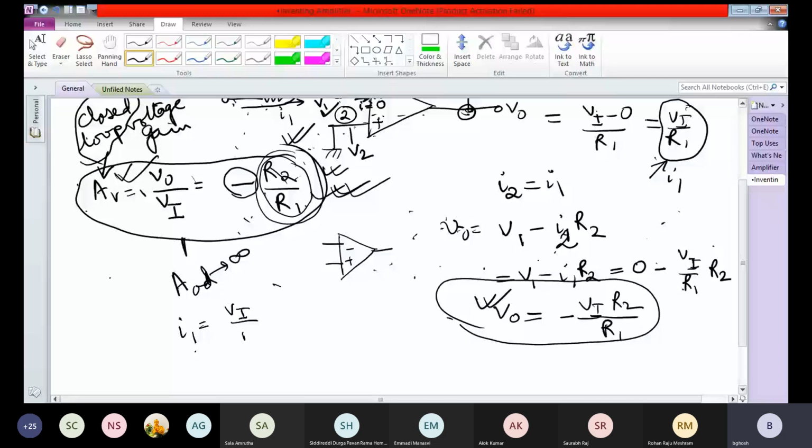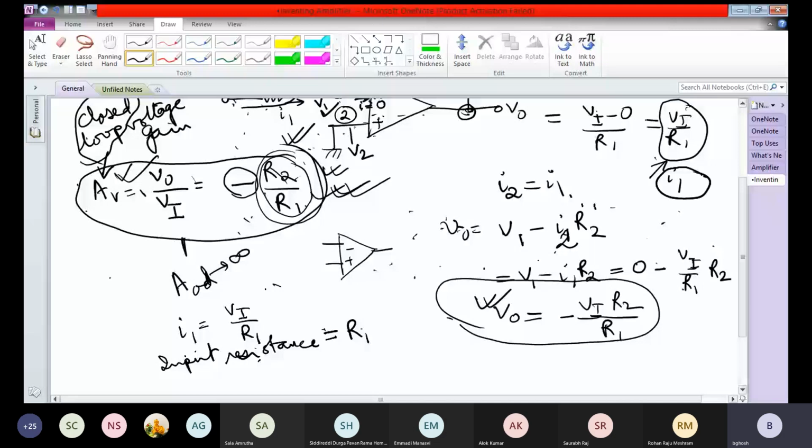So the input resistance seen by the source, why is it Vi by R1? We have seen this. This is I1. It is Vi by R1. So the input resistance seen by the source, which is R1, which is Ri.